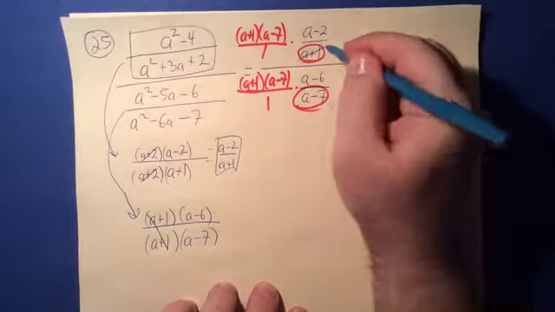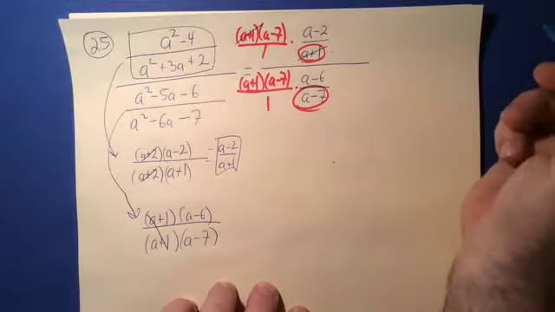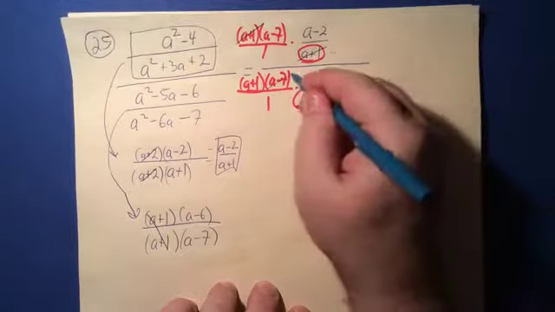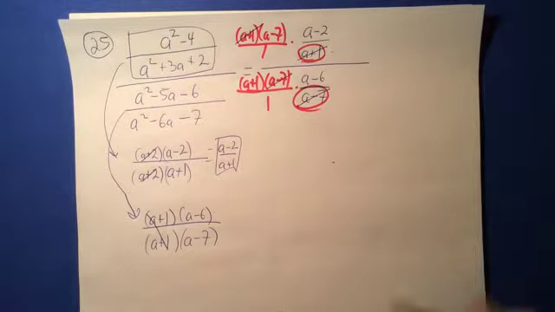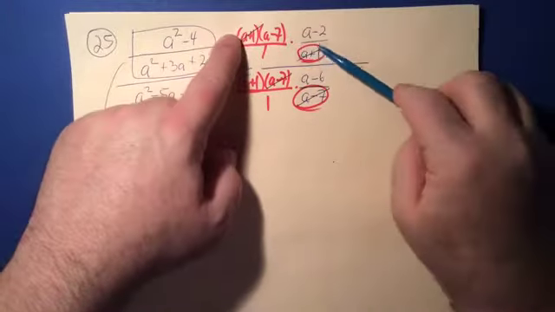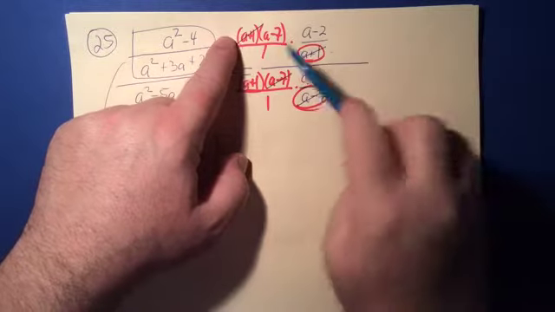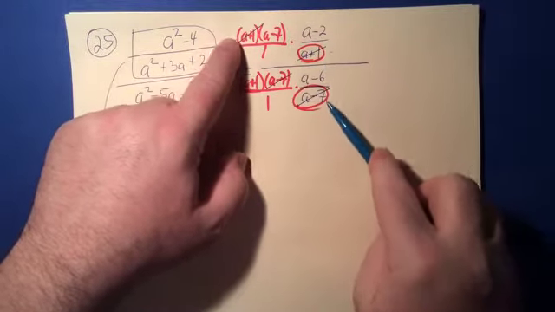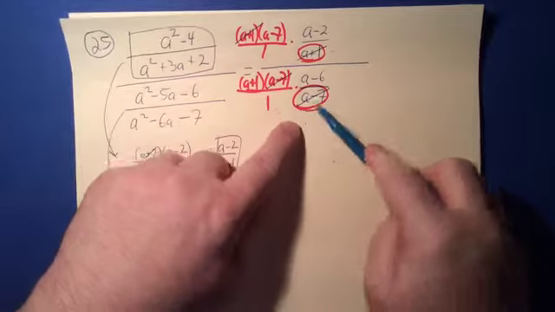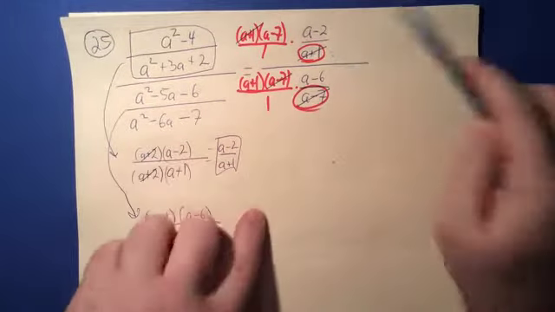Here we can reduce this a plus 1 with this a plus 1. And here we can do this a minus 7 with this a minus 7. Only by multiplying both of these, by including the a plus 1 and including the a minus 7, can we get rid of the denominators in both parts of this.